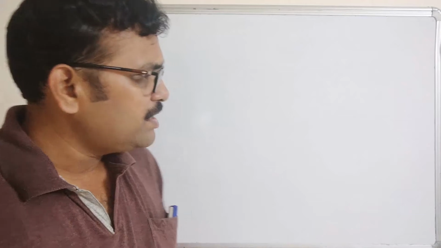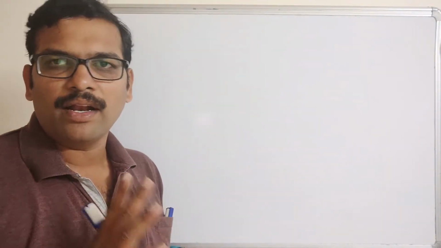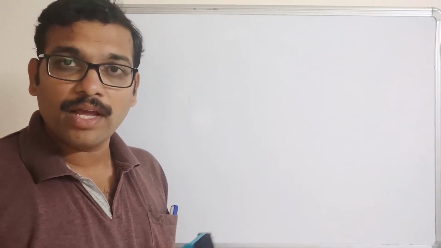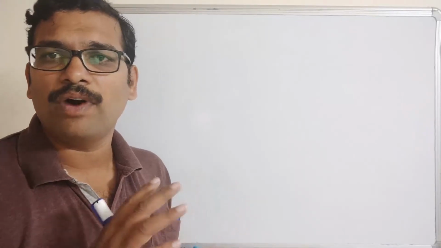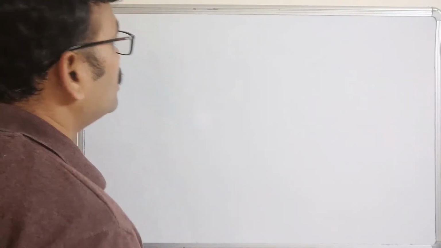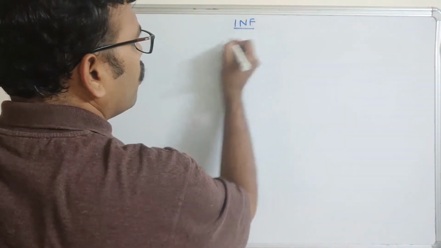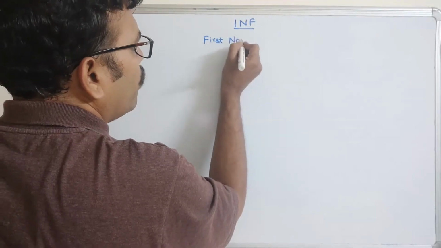So in this session, we'll start with the first level, that is 1NF. From the unnormalized data to 1NF, how can we convert, or how can we know whether the relation is in 1NF or not? 1NF is also called the first normal form.